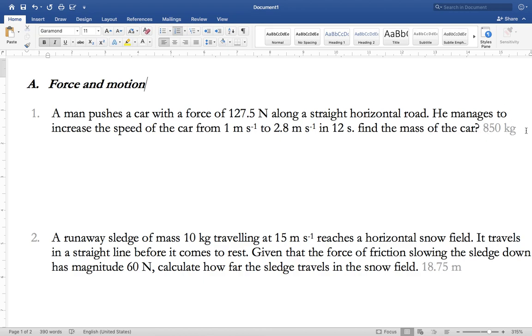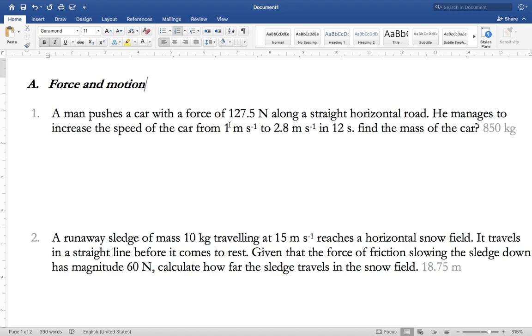We need to prove the answer, 850 kilogram. So we have two formulas here. Newton's second law: force equals mass times acceleration.